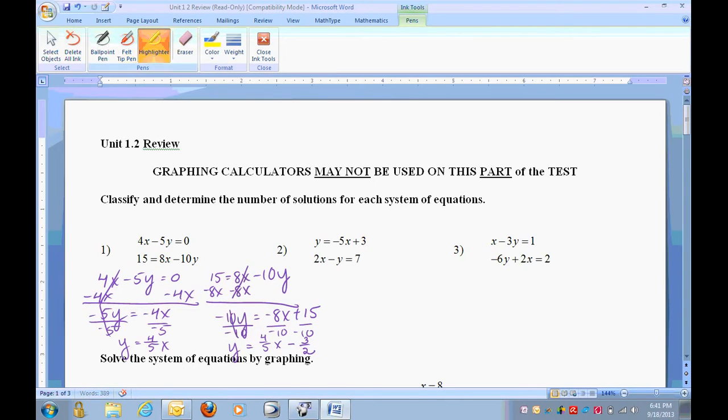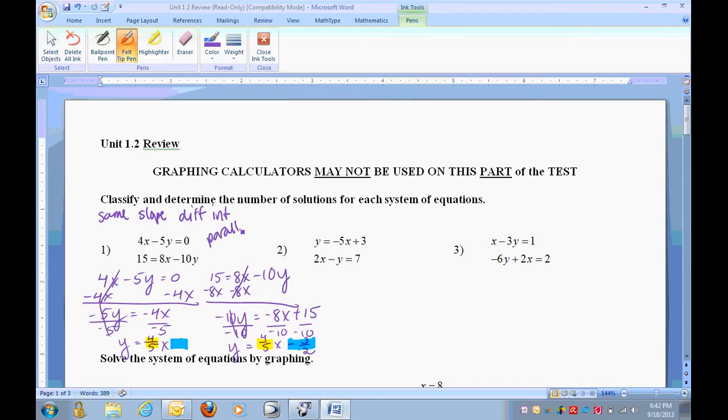Okay, so if you notice, the slope of this line is 4 over 5, and the slope of this line is 4 over 5. Now, the y-intercept here is 0, and this one is negative 3 halves. So we are dealing with lines that have the same slope, but different intercepts, which means that they are parallel, right?